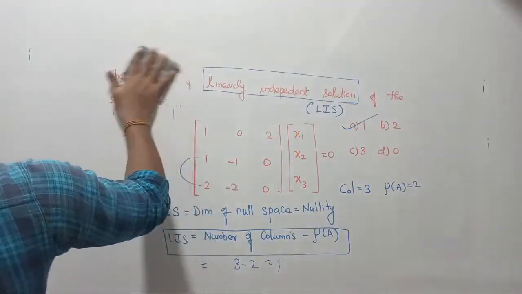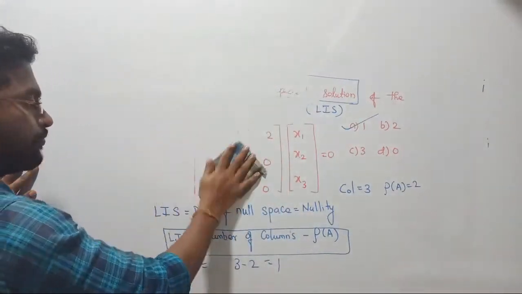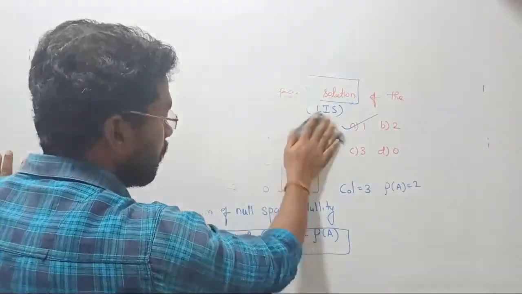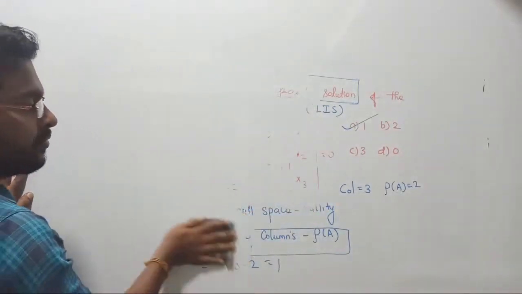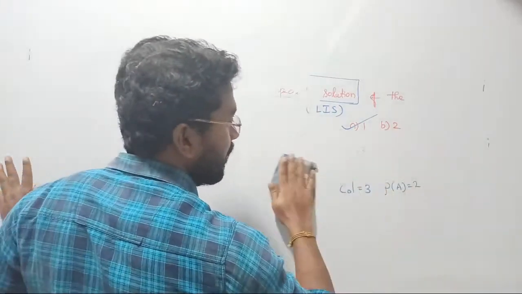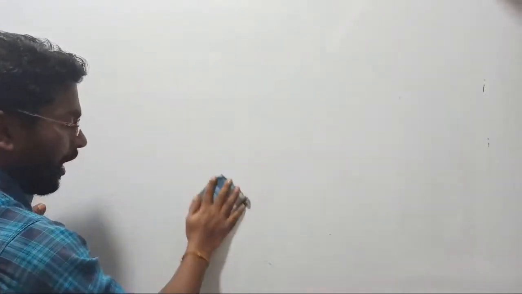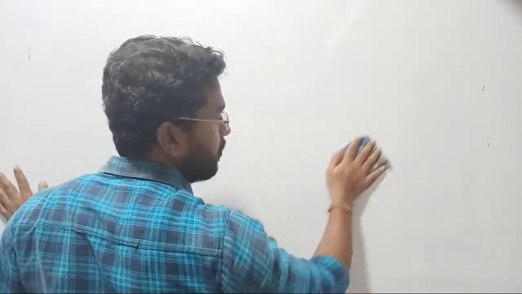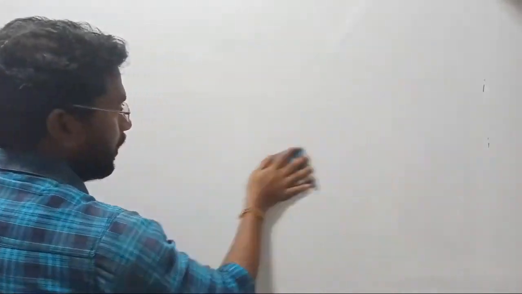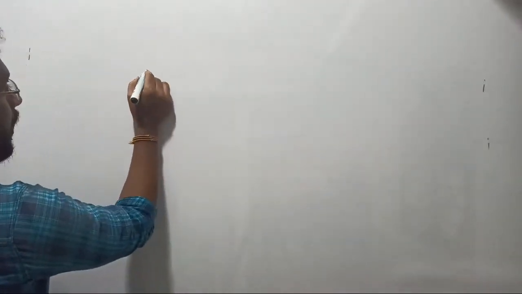Write down the question. The rank of a 11 cross 15 matrix cannot be more than, right?